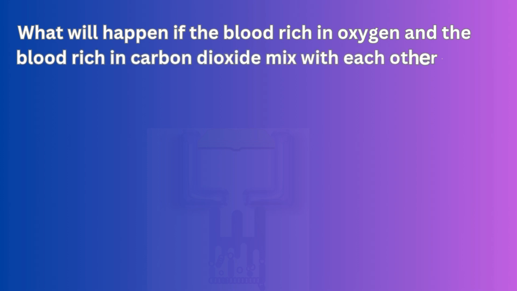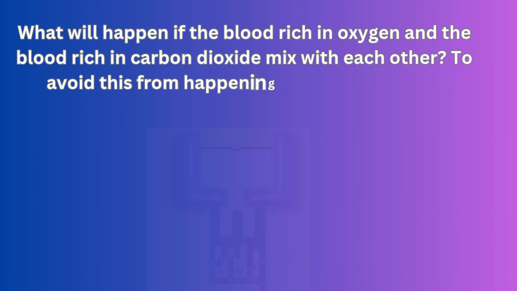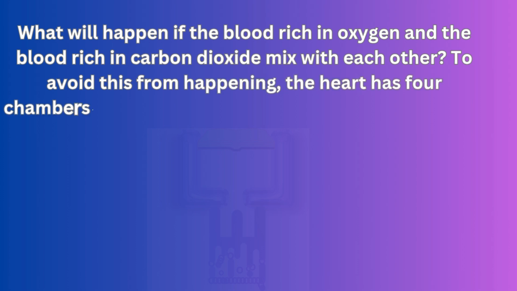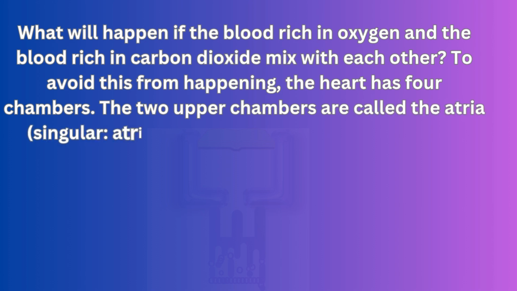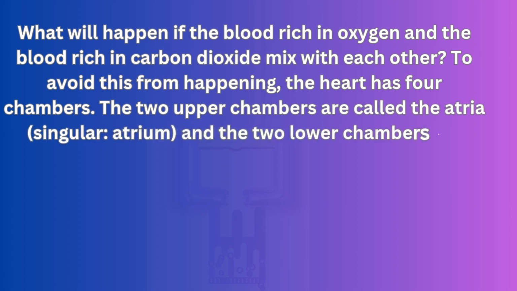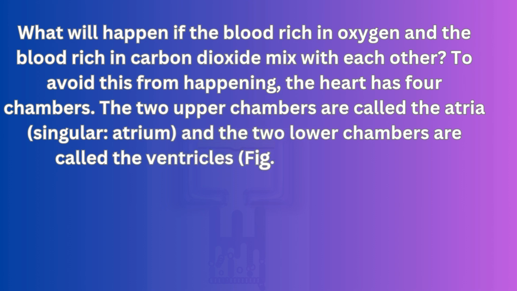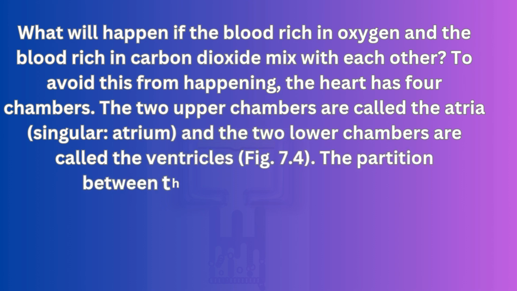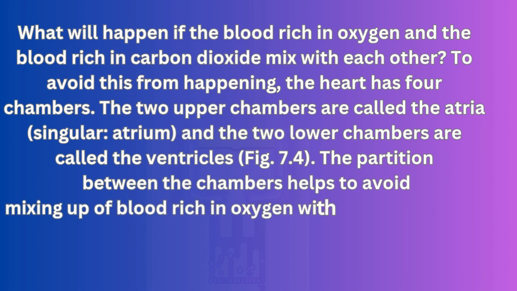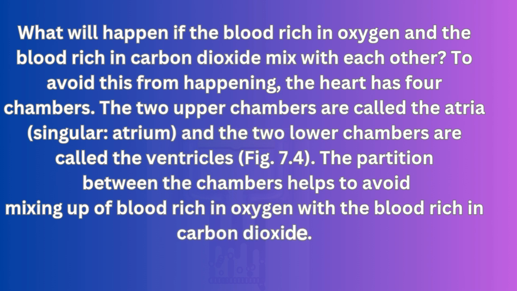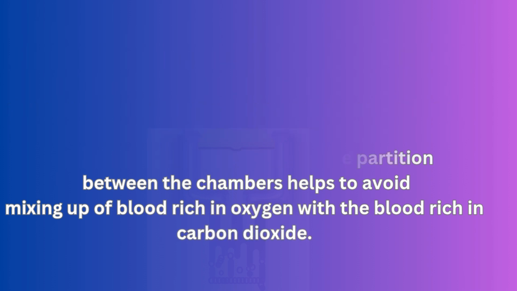To avoid this from happening, the heart has 4 chambers. The 2 upper chambers are called the atria, singular atrium, and the 2 lower chambers are called the ventricles, Figure 7.4. The partition between the chambers helps to avoid mixing up of blood rich in oxygen with the blood rich in carbon dioxide.